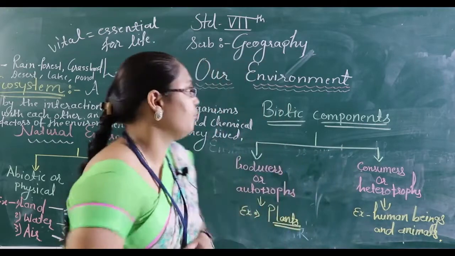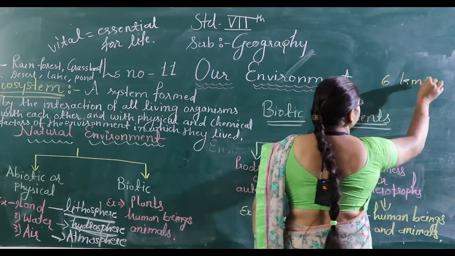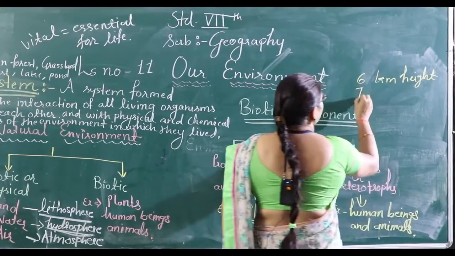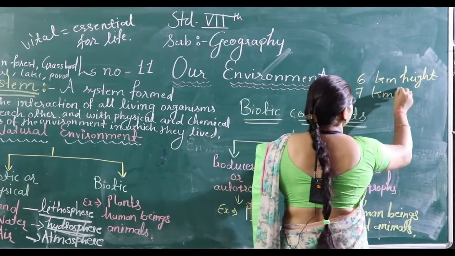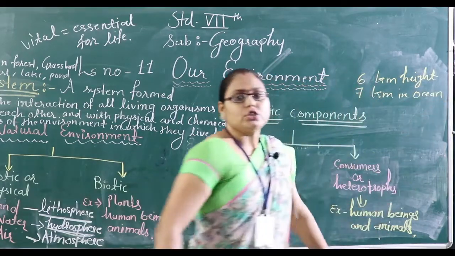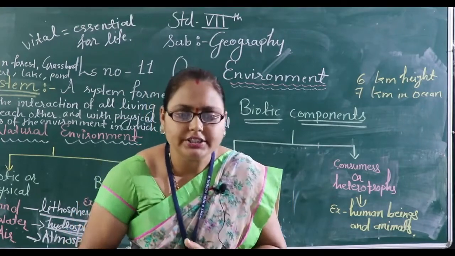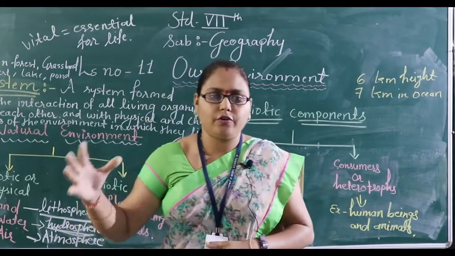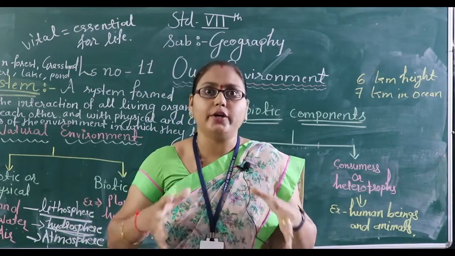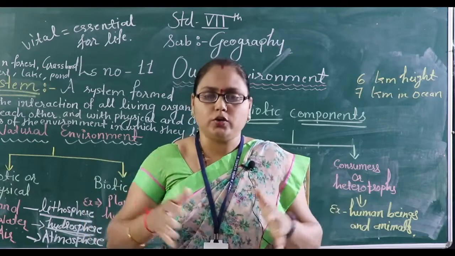Always remember: 6 kilometer height and 7 kilometer depth in the ocean. This narrow belt of about 30 kilometers in which all forms of life exist is called the biosphere.